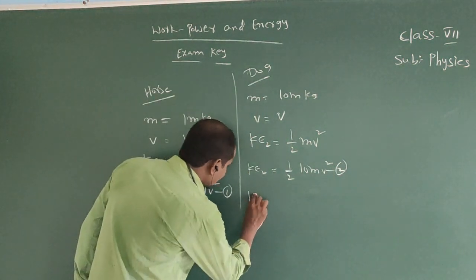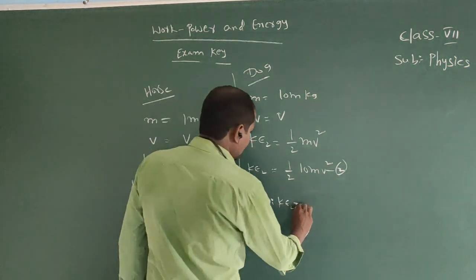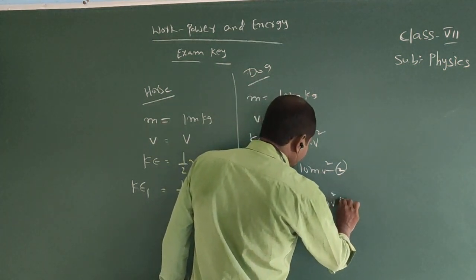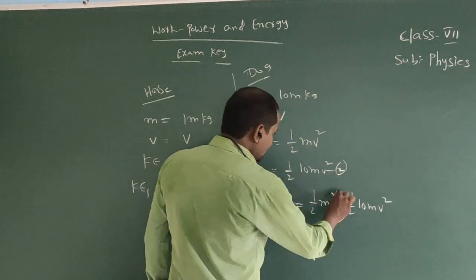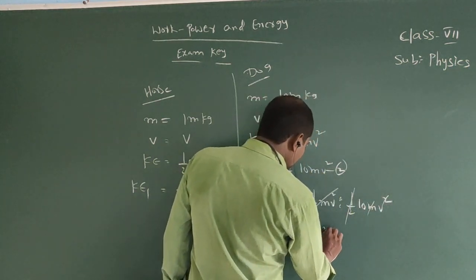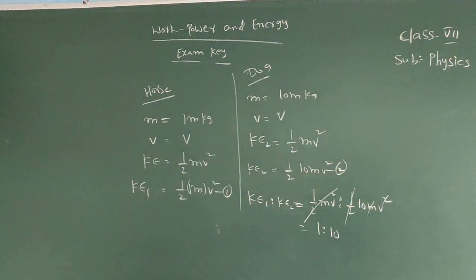So Ke1 is to Ke2, that equal to half into m into V square is to half into 10m into V square. So half m V square cancels. Here 1 is to 10. Okay, answer is 1 is to 10.